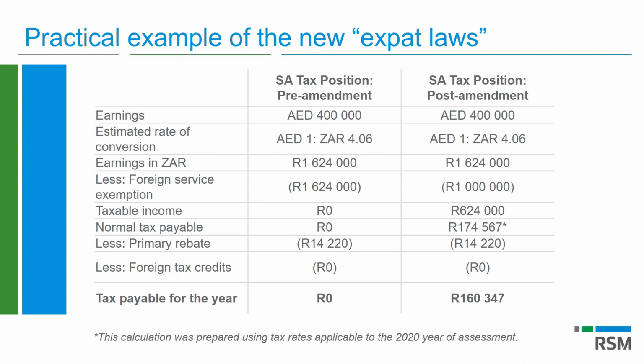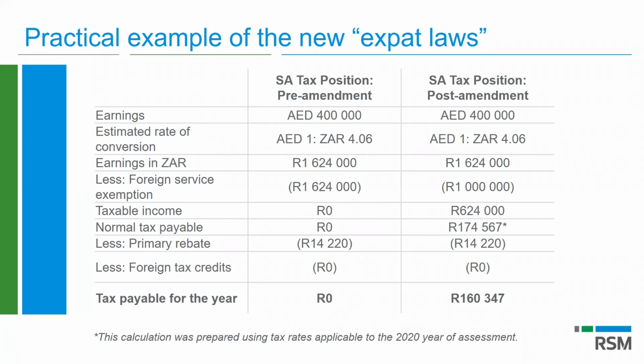If you fast forward to 1 March 2020 when the new rules kick in, the exemption would still apply, but the extent of the exemption is only limited to the first 1 million rand of earnings.